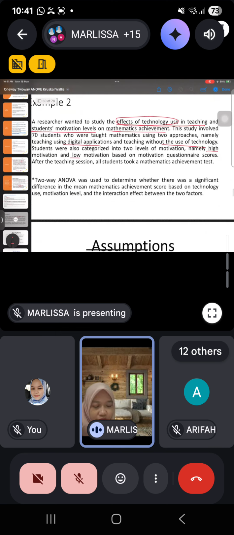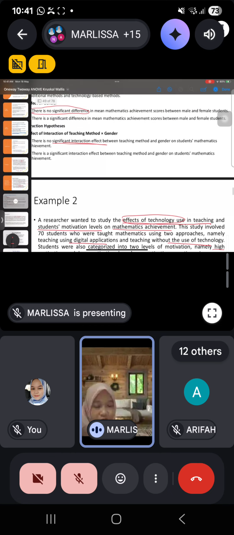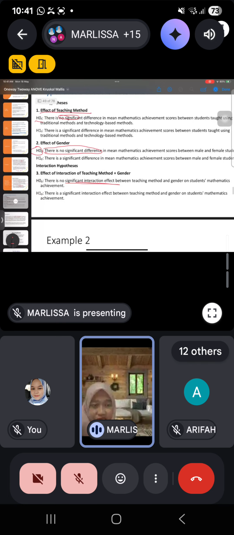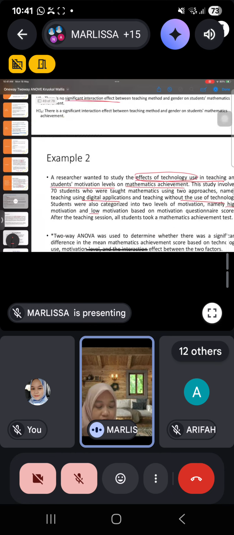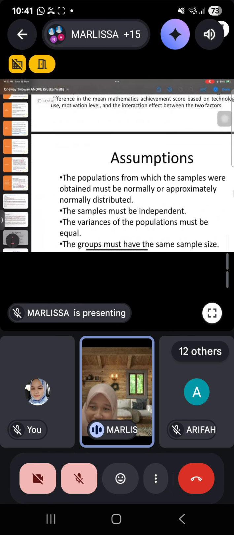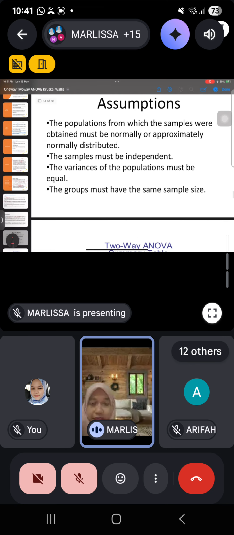So that's how you write your research questions for any situation or scenario in your research for two-way ANOVA. For hypotheses, you can refer to these slides on how to write the proper hypothesis for your research questions. I repeat again: for two independent variables, you need to have three research questions and three sets of hypotheses.